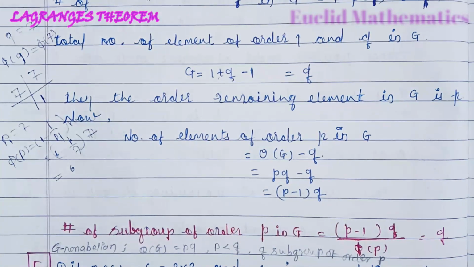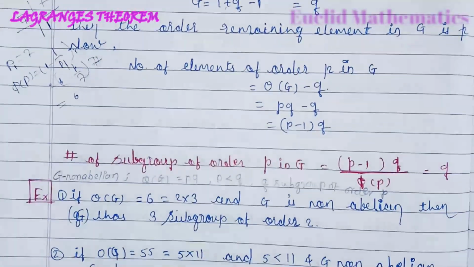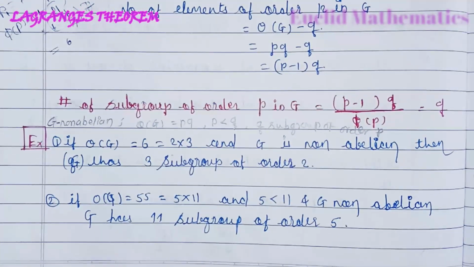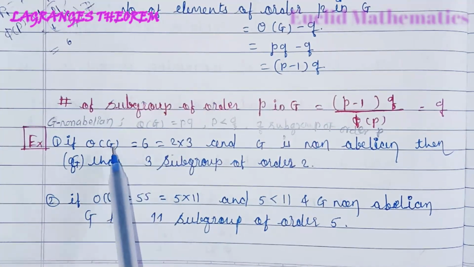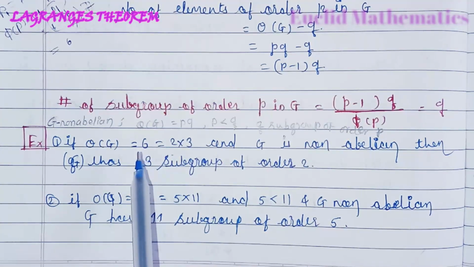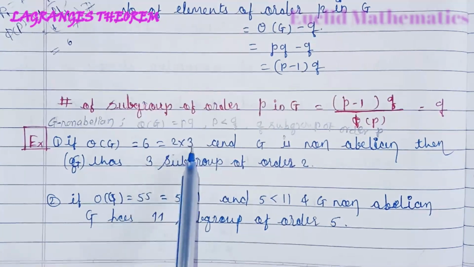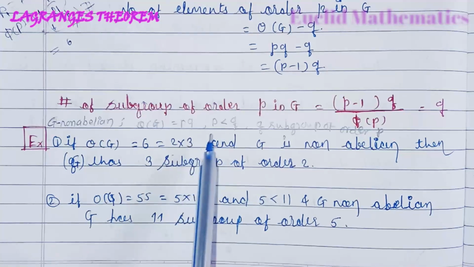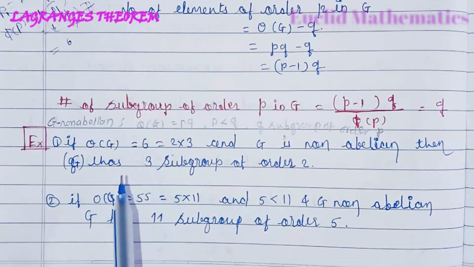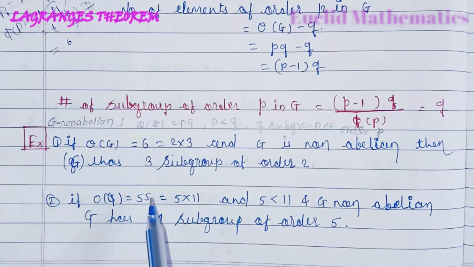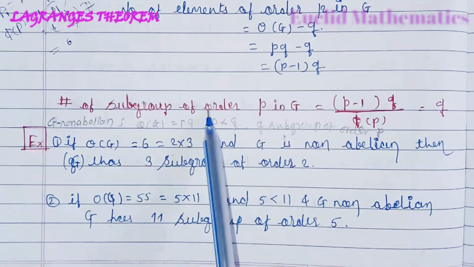Let's solve some examples using this property. In the first example, the order of G is equal to 6. I consider 6 because I can write the order as a product of two primes, so the order of G is p into q, where p is smaller than q, which is our property, and G is non-abelian. If G is non-abelian, then the number of subgroups of order p is q.